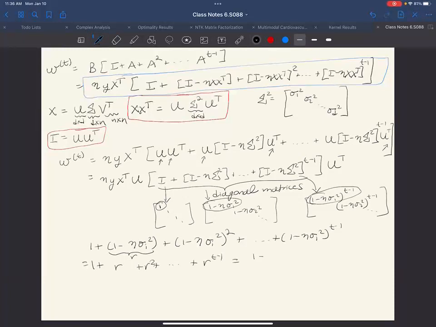This is just 1 minus r to the T over 1 minus r. And if I substitute back in, what is this r? This is just 1 minus eta sigma i squared to the T over 1 minus, 1 minus eta sigma i squared. And then this is just 1 minus eta sigma i squared to the T over eta sigma i squared. Great. So what does this mean? Let's copy some terms over.